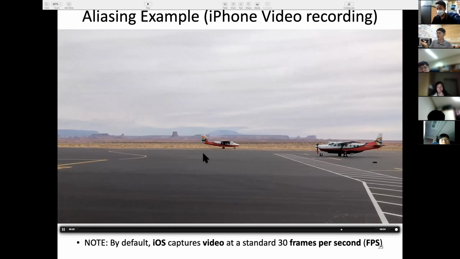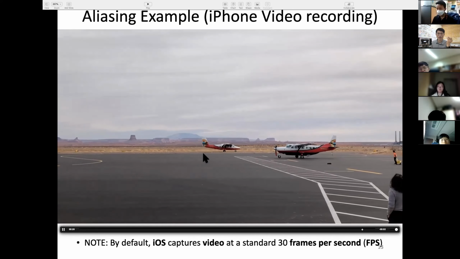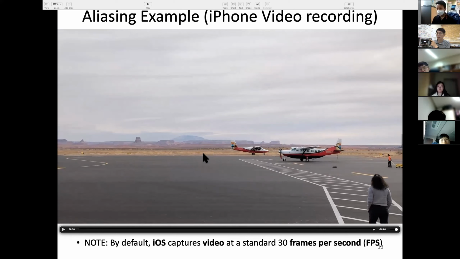You can be fooled by this sampling of fast-changing phenomena. So I strongly urge you to watch this movie at home, because we are suffering from the aliasing effect and you cannot see exactly what I'm seeing here.